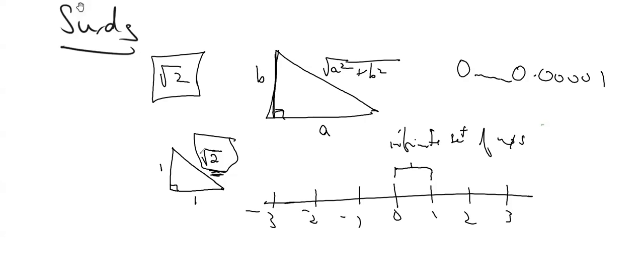Yeah, so that's how this idea of surds came about, right? And numbers like we got root 2, we got root 3, and all of that, right? So yeah, it's a funny story, but that's how the story goes.